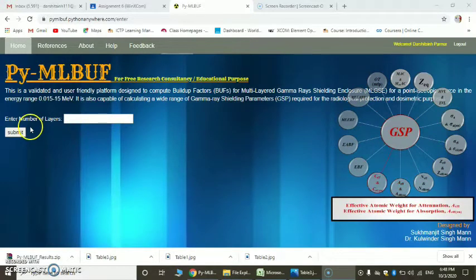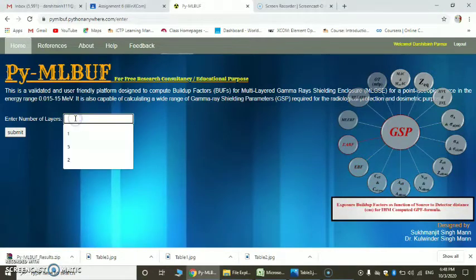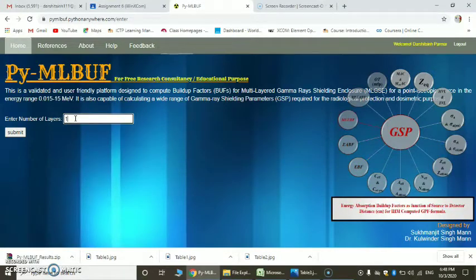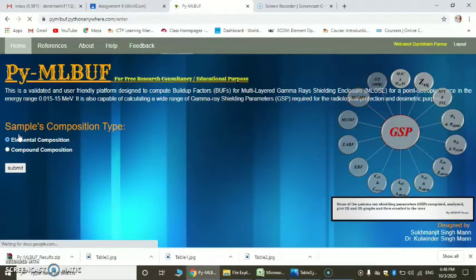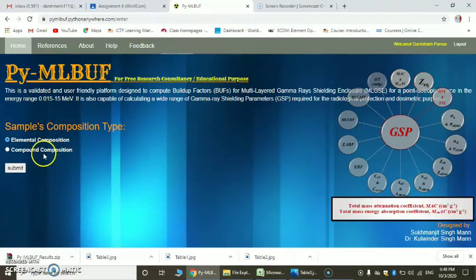So for calculation we have to enter the number of layers. Let's start with one layer and then submit. Then we have the option whether we should choose elemental composition or compound composition.